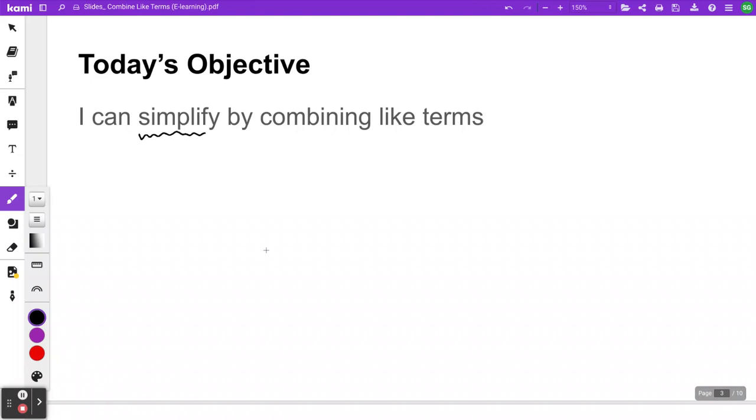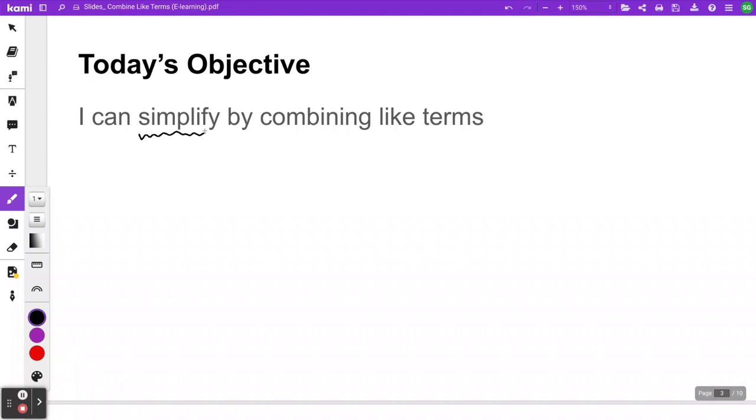Simplify, if you remember, is this idea of making something simpler. It's taking something that's more complicated, maybe a bigger math problem with fractions or bigger numbers, and breaking it down to make it smaller and easier to work with.